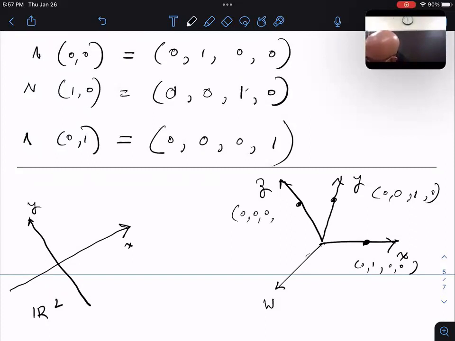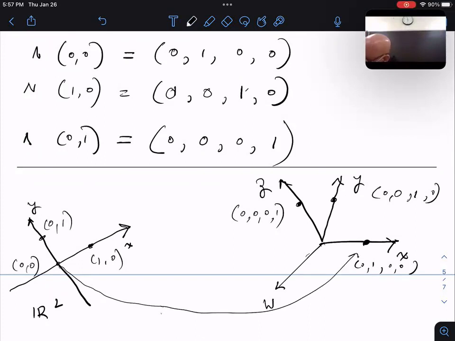So now, this point, the origin, which is 0, 0, so this is 1, 0, this is 0, 1, this is 0, 0, right? So 0, 0 goes to which point? 0, 0 has moved to 0, 1, 0, 0, right?